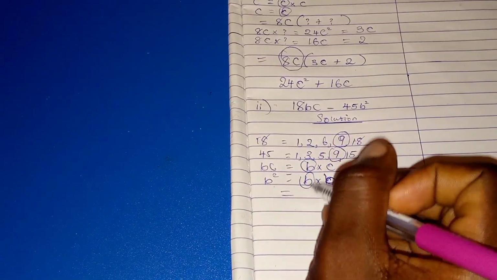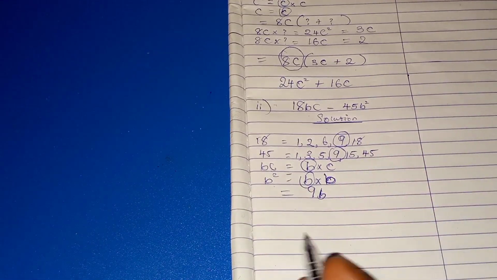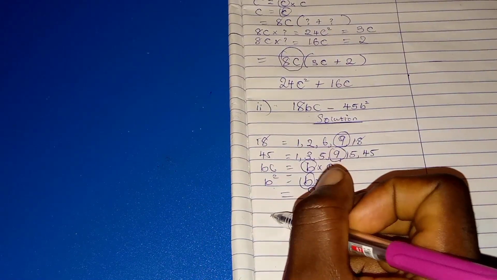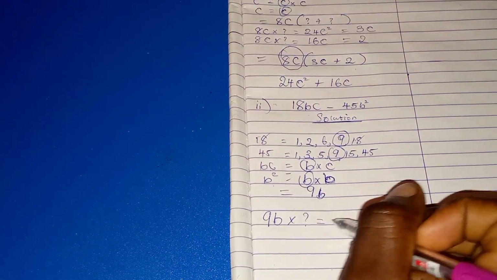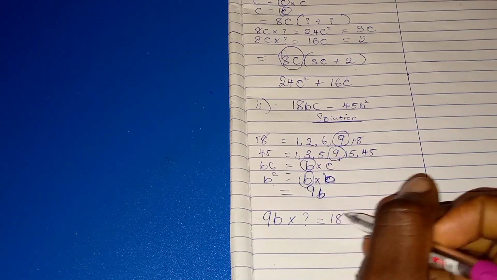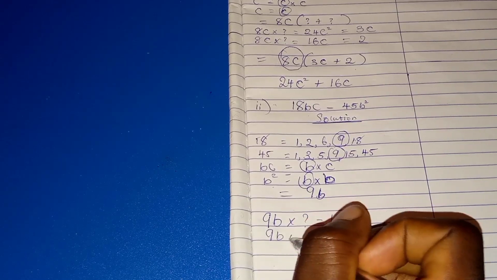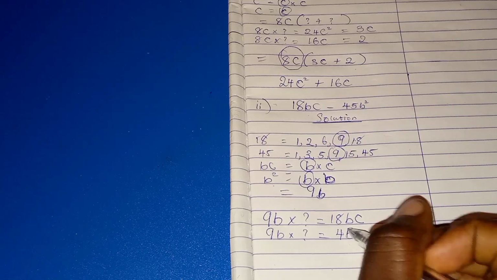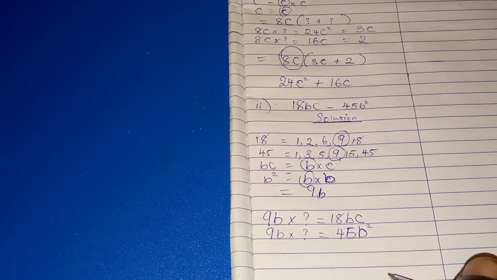So in this expression, we now have 9B as the given number which we would multiply by other numbers to give this original value. So 9B would multiply what number to give us back 18BC, and 9B would multiply what other number to give us 45B squared?